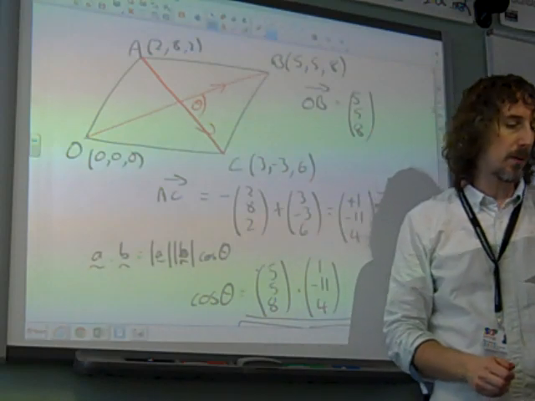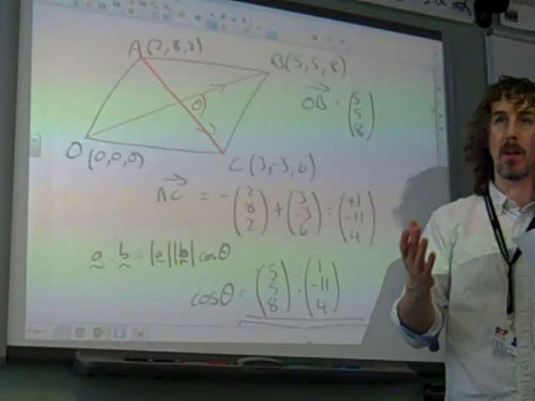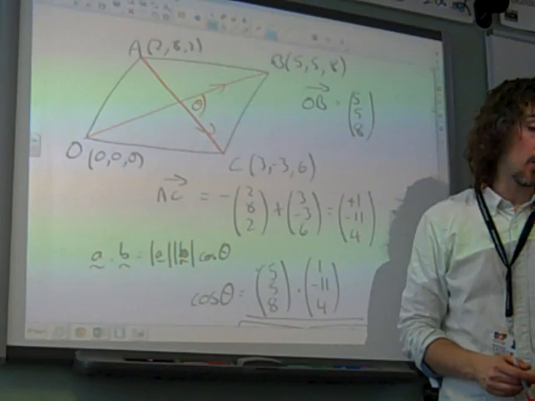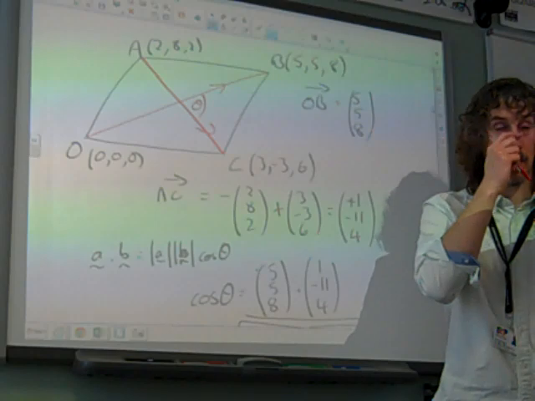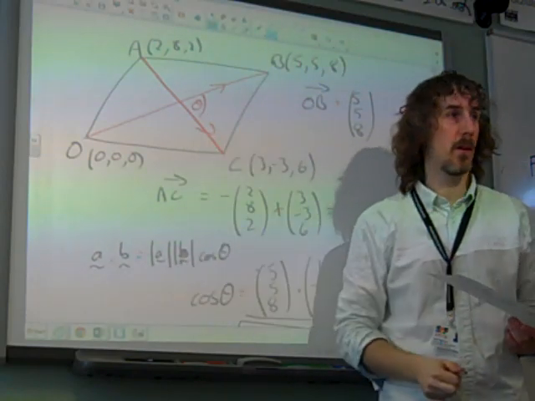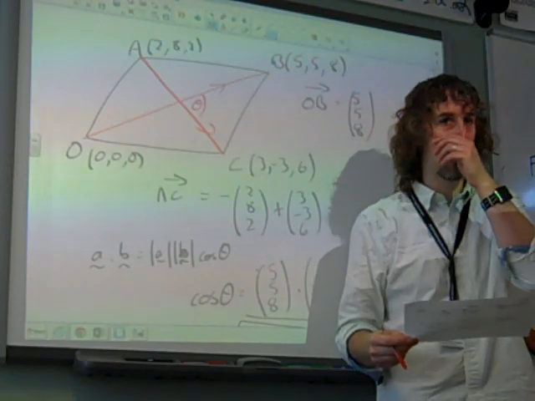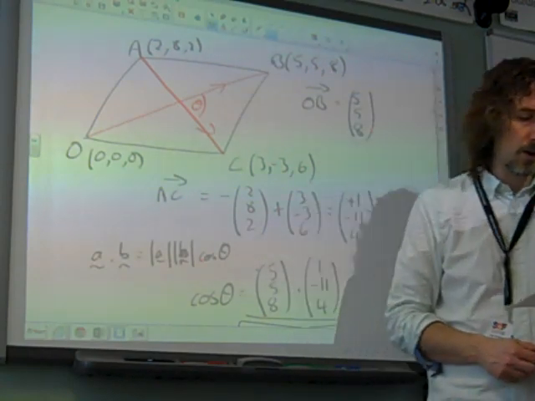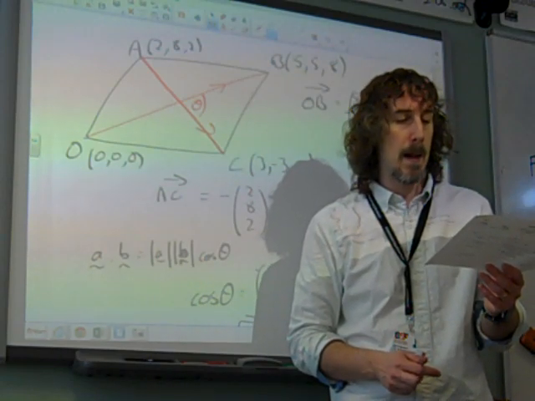There were quite a few special case marks for getting an angle from choosing two of the wrong vectors to do it with. There was either special case of 2 or special case of 1. You got special case of 2 if you found an acute angle of 2 incorrect vectors, and a special case 1 mark if you found an obtuse angle correctly from 2 incorrect vectors. So a few of you picked up 1 or 2 marks, but that's some way off the 5 that you should have got for doing that.